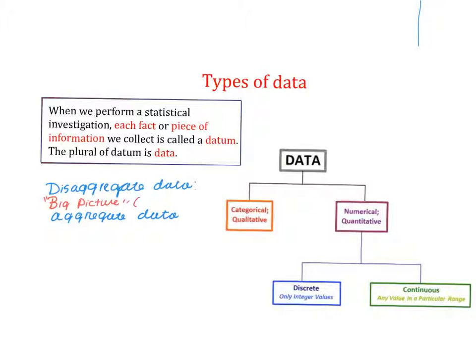So for example, data from multiple schools. Your aggregate data is data from individual schools, right? And breaking that down. That's your small picture.